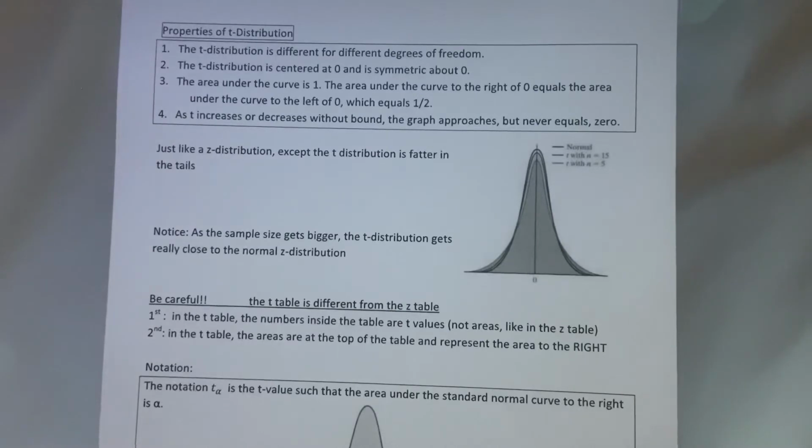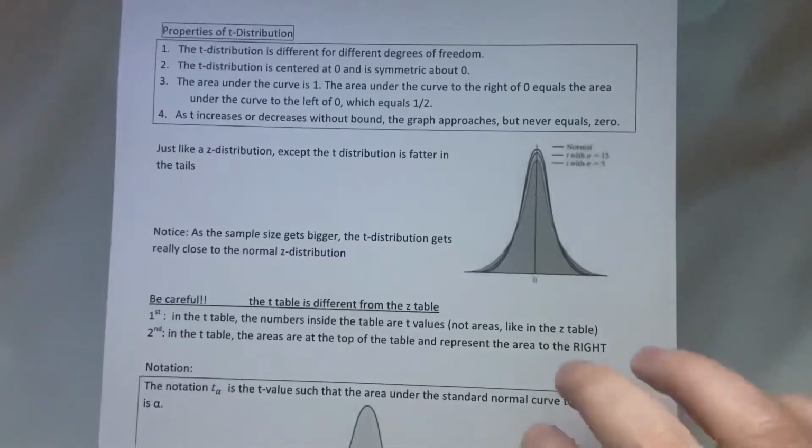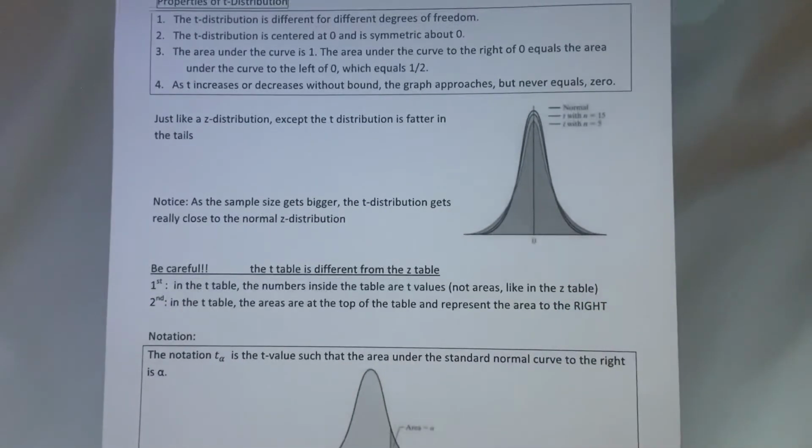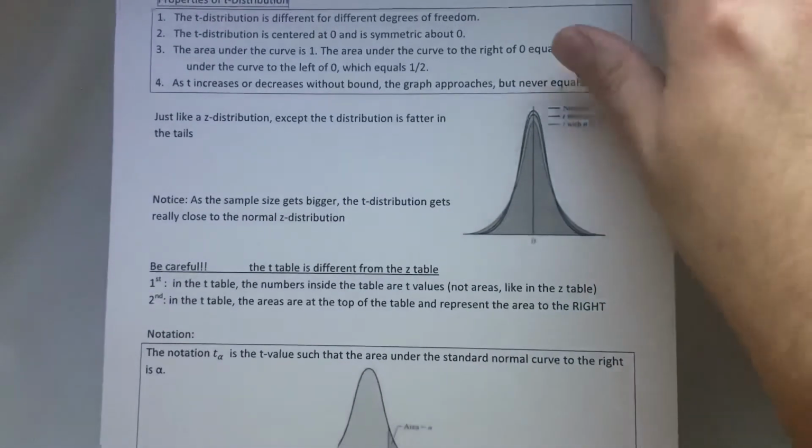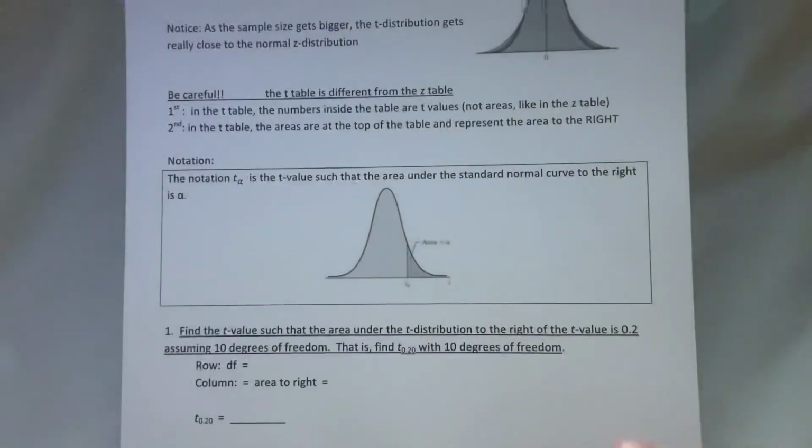As t increases without bound, the graph approaches 0. So it has almost all the same properties as z, but because you don't have enough samples, usually there's a little bit more in the tails than the z-distribution. Again, if you look down at the bottom of the t-table with thousands of samples, you'll notice that the numbers are almost identical to the z-table.